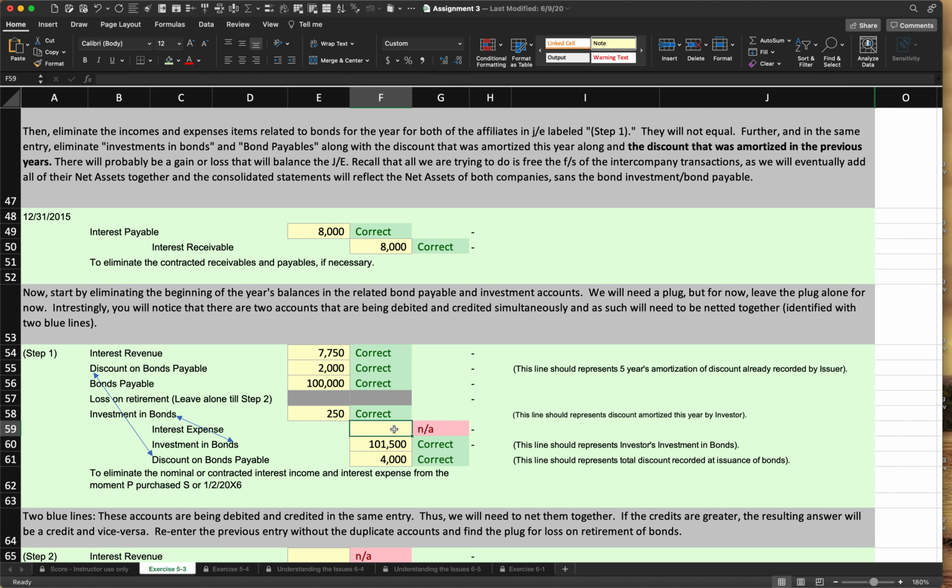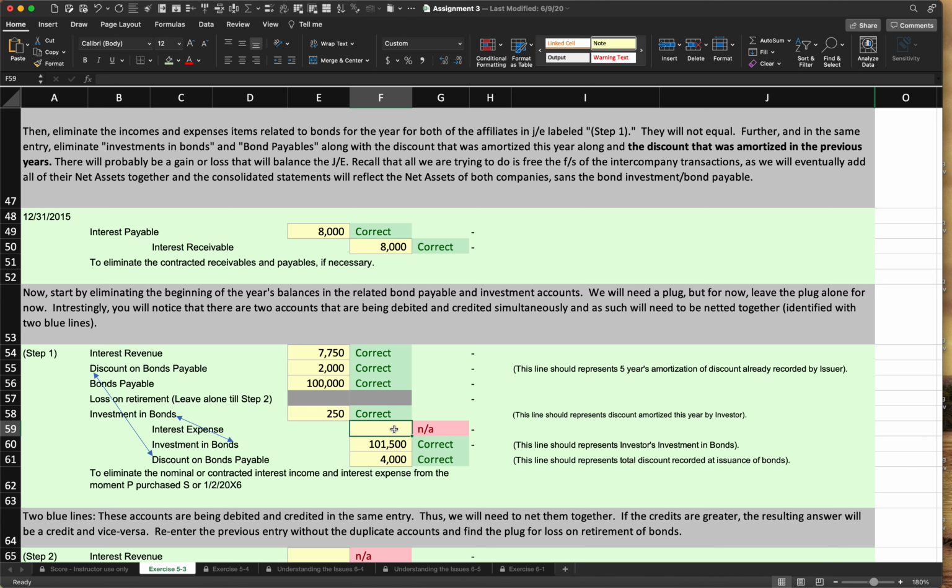And finally, the interest expense that pertains to 2015, because only in this year did this become an intercompany transaction. Prior to this, it was okay to be on their books. Prior to 1/1/2015, the interest expense on the subsidiary books is valid.